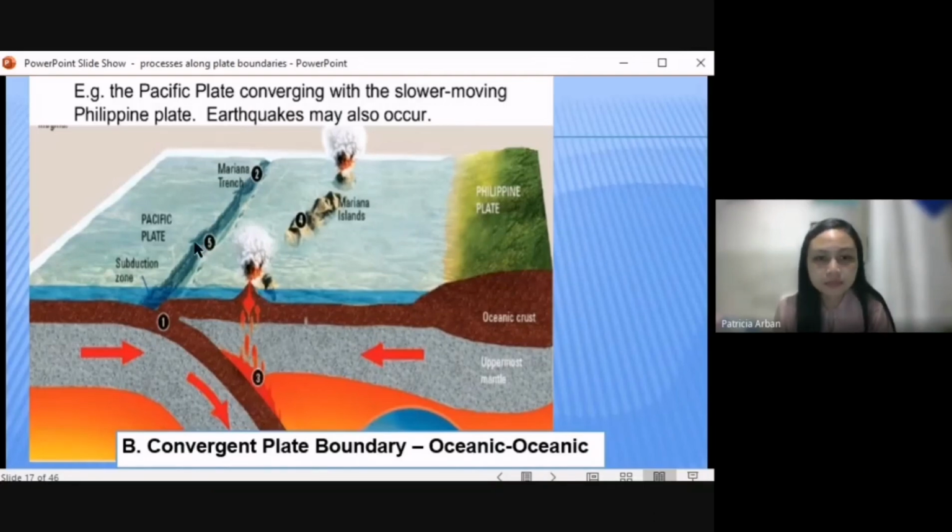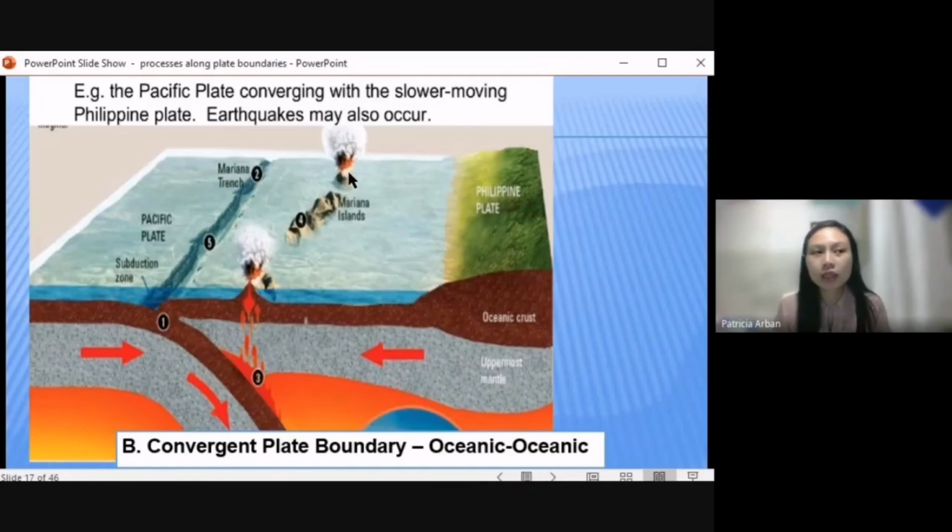Okay, as you can see, there are the arrows which show that these two oceanic crusts are colliding. Ayan. This is also the reason why the Philippines has been made. Okay, sa millions of years ago, wala talaga tayo sa mapa. But because of this activity, the collision of Pacific Plate and Eurasian Plate, saka nabuo ang Philippines.